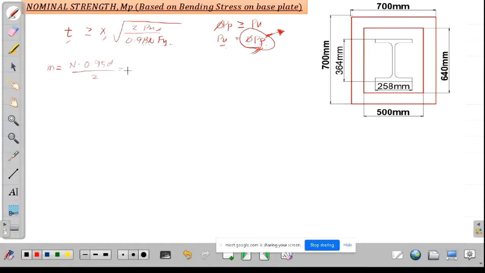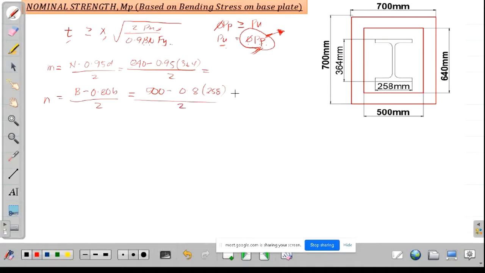Kindly solve the value here. We have N is 640, so 640 minus 0.95 times D which is 36, over 2. And our N is equal to B minus 0.80 B over 2. That is equal to 500 minus 0.8 times B, 258, over 2.